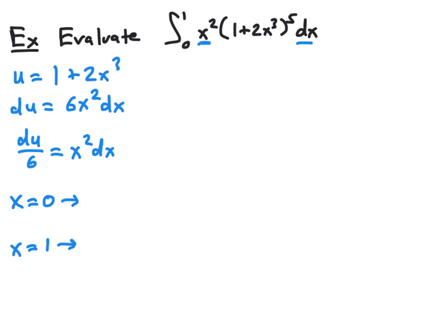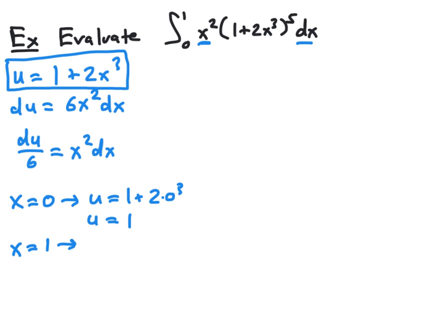To do that, we use the equation that u is 1 plus 2x cubed. When x is equal to 0, u equals 1 plus 2 times 0 cubed, or in other words, u equals 1. And when x is 1, u is 1 plus 2 times 1 cubed, or u is equal to 3.